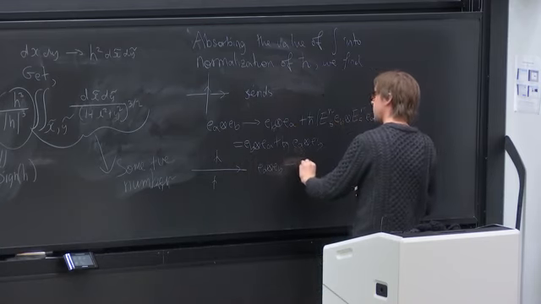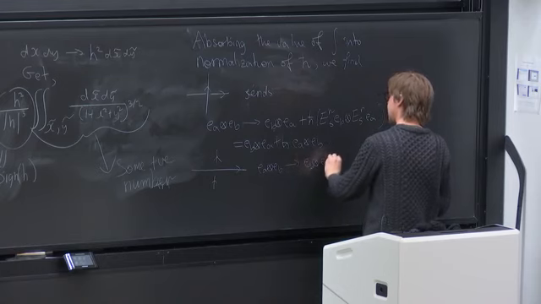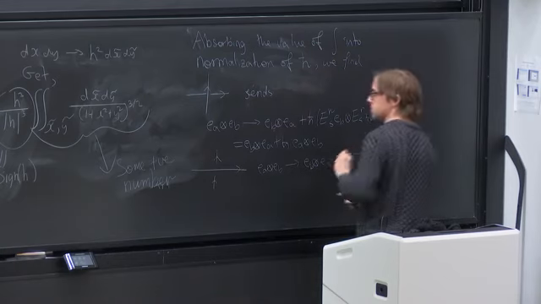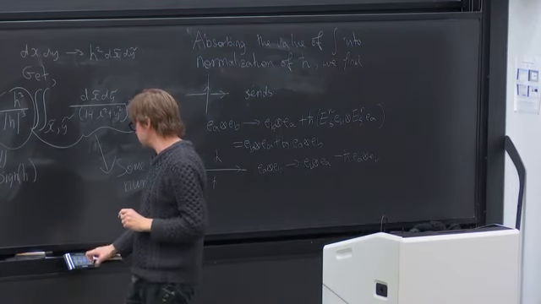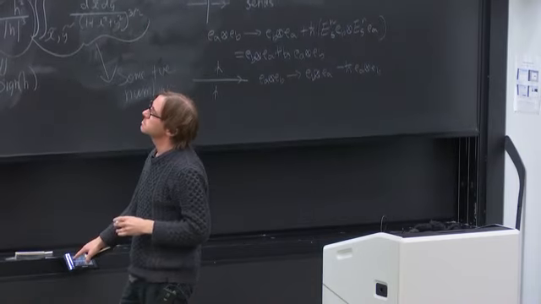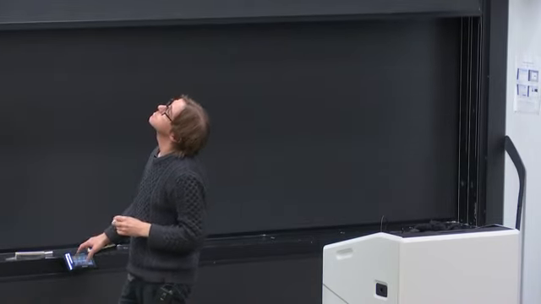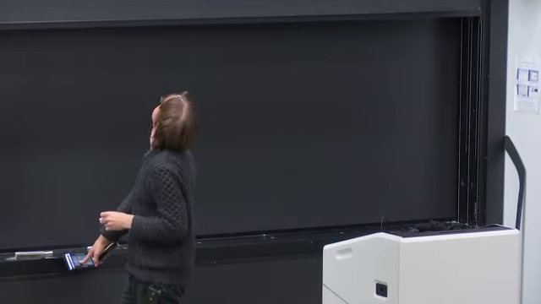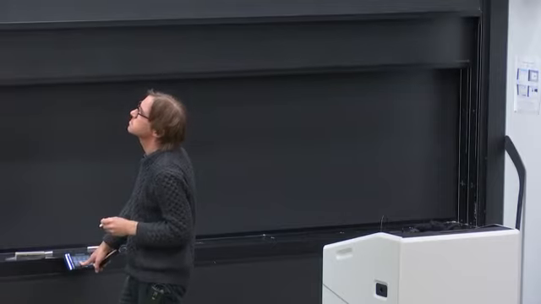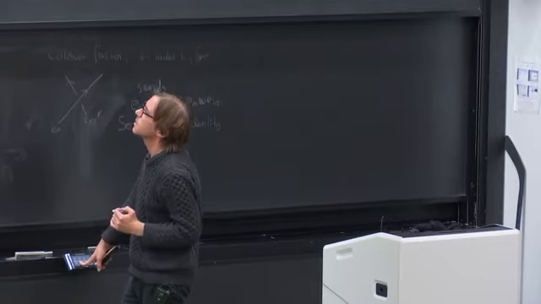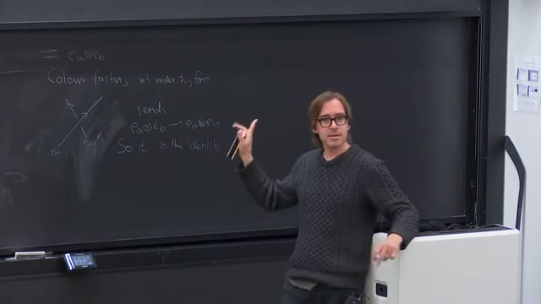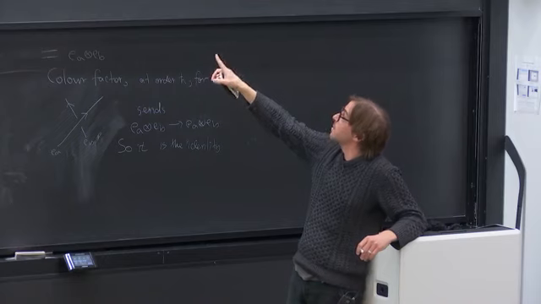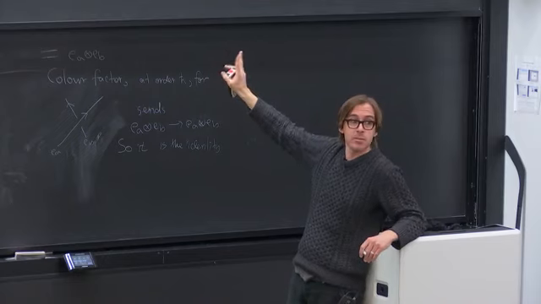EB gets sent to EB tensor EA minus H bar EA tensor EB. Okay, so that went reasonably fast, but the details of the integral don't matter, only the fact that you pick up a sign. That's the only important thing.